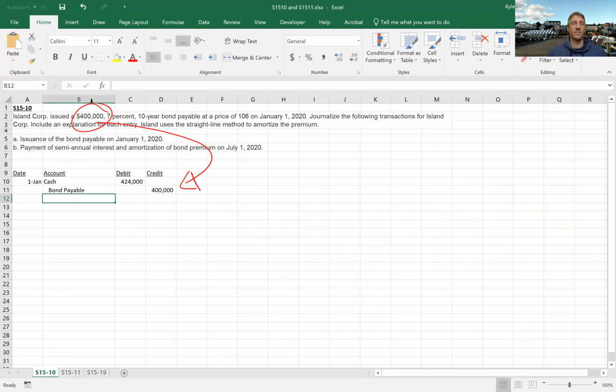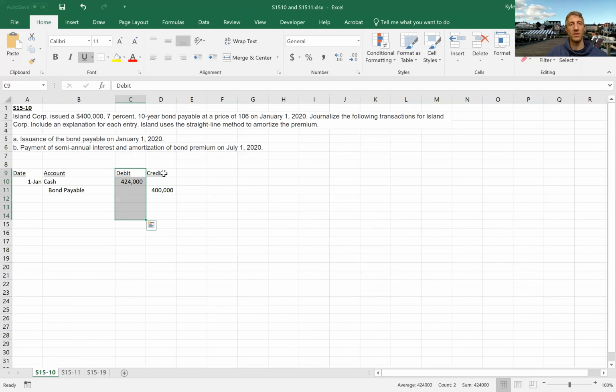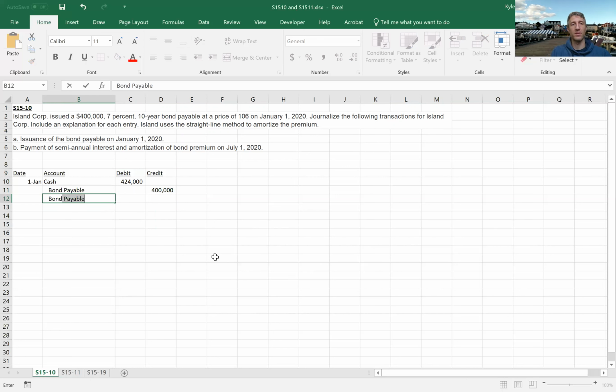But my journal entry here doesn't balance. I have 24,000 greater debits than I do credits. The difference here is going to be a credit to what's called premium on bond payable. And that's going to be $24,000.